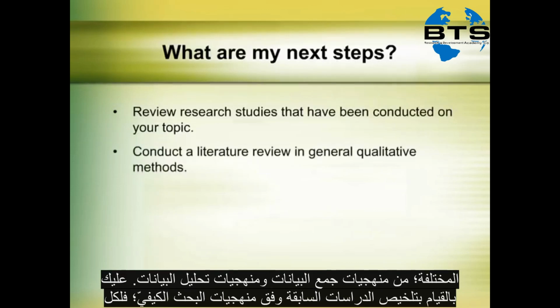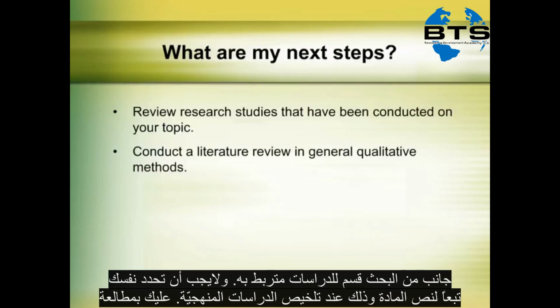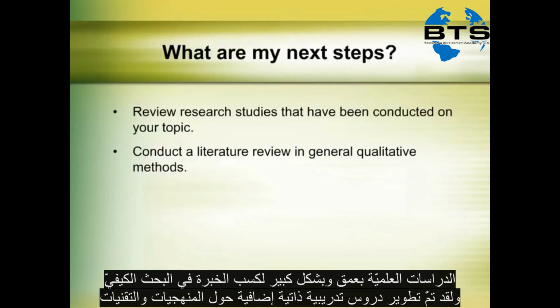Next, review the literature on qualitative research methods. Every aspect of your research has a body of literature associated with it. Just as you would not confine yourself to your course textbooks for your review of research on your topic, you should not limit yourself to your course texts for your review of methodological literature. Read broadly and deeply from the scholarly literature to gain expertise in qualitative research.